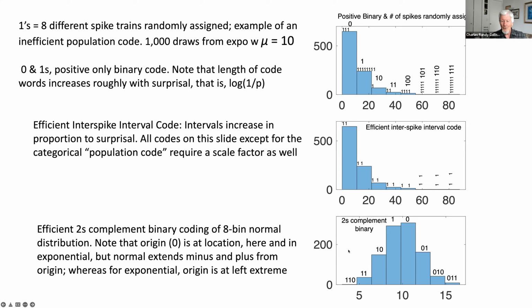And what I've shown here, which would require a whole lecture to explain, is the variable length 2's complement binary encoding of this distribution, which is very efficient. Everything out here is negative, right? In 2's complement, if the code word starts with a 1, it's designating a negative quantity.